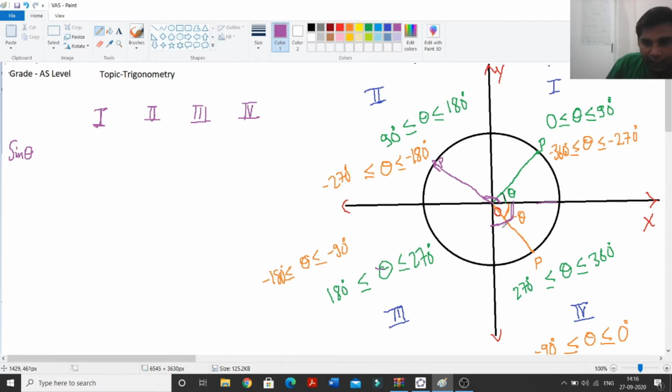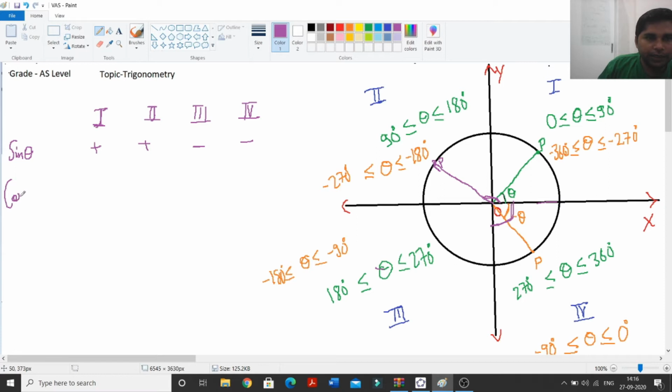So positive, positive, negative, negative. It is negative in third and fourth, positive in first and second.